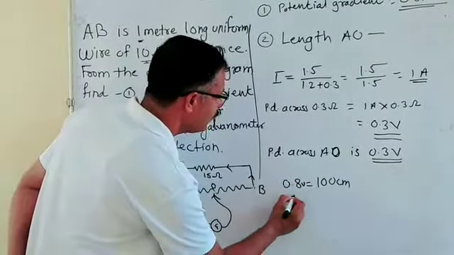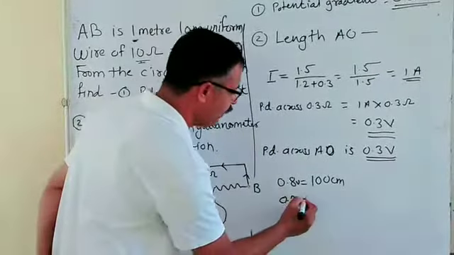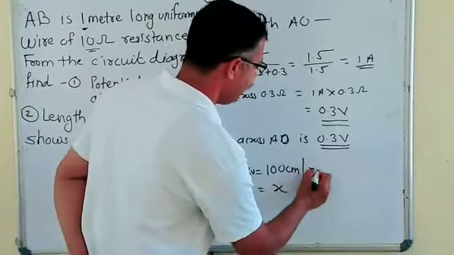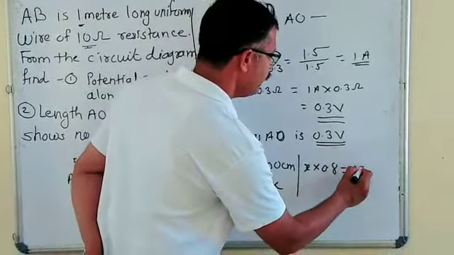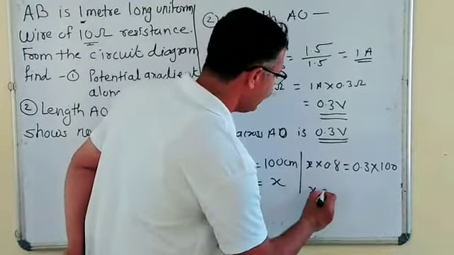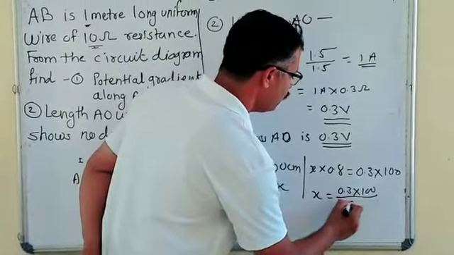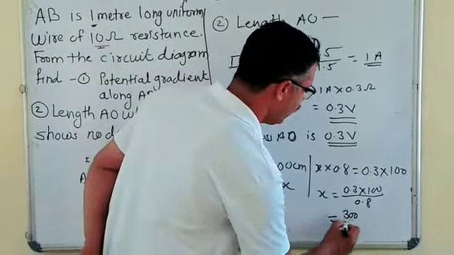Hence, by simple mathematics, x into 0.8 is equal to 0.3 into 100. Hence x is equal to 0.3 into 100 upon 0.8, that is 300 upon 8.